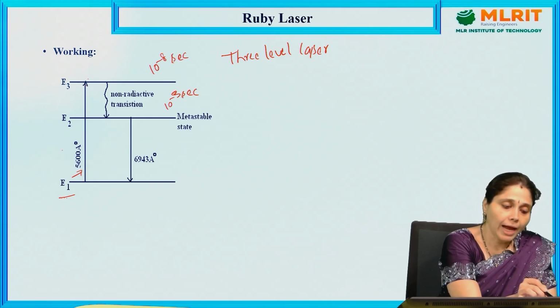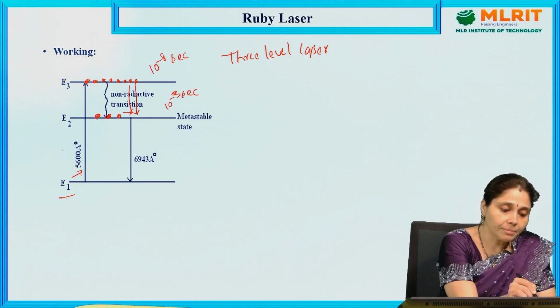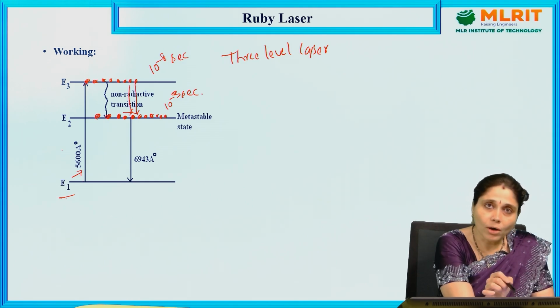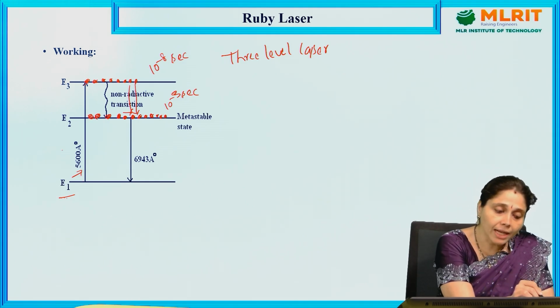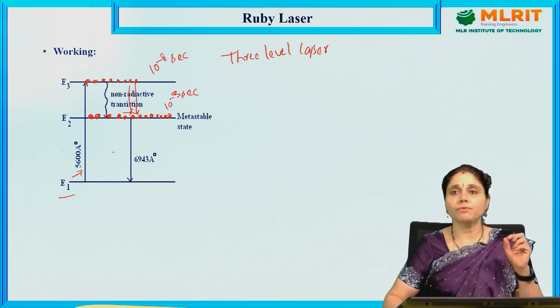Okay, so the atoms here will be quickly coming to this state, and here a number of atoms will be collected since there is a time lapse. Okay, in the small time lapse only we can collect larger number of atoms in the metastable state. Okay, so here what happens? Population inversion will be created.